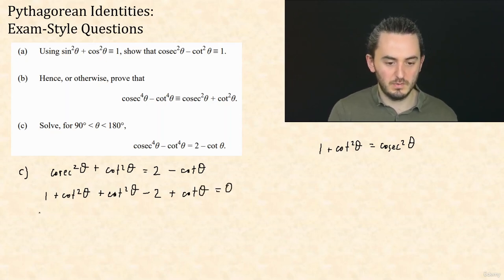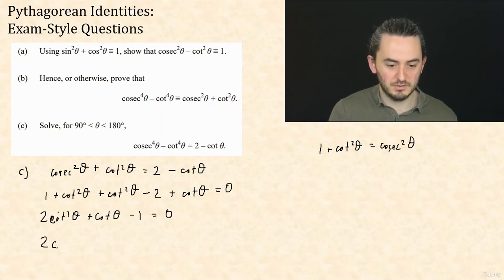Well, I've got 2 cot squared theta plus cot theta, and then 1 minus 2 is minus 1. Okay, here's a quadratic in cot, and I'll just write this out as 2c squared plus c minus 1 equals 0.